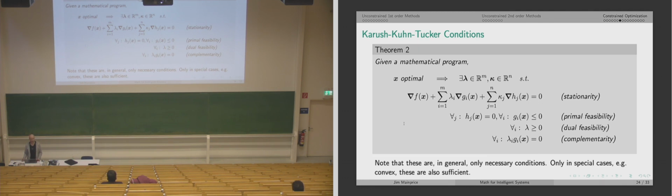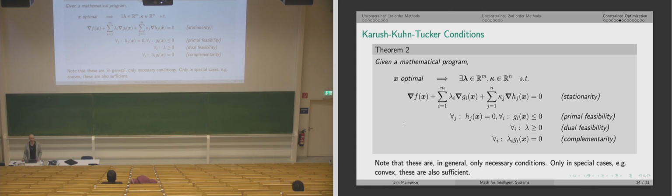Primal feasibility, well, that's obvious. It means that all the constraints have to be satisfied. That's easy. Dual feasibility, also kind of easy. All the Lagrange multipliers of the inequality constraints have to be 0 or positive. And complementarity is more tricky.